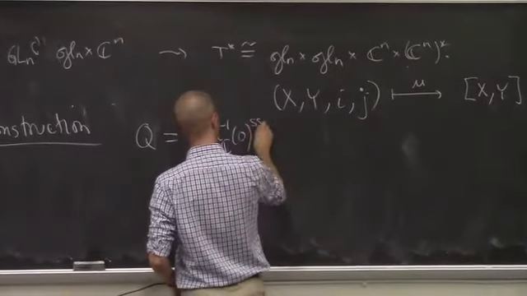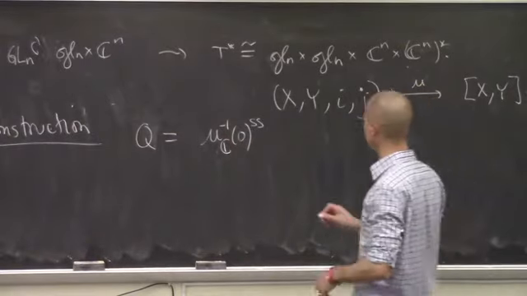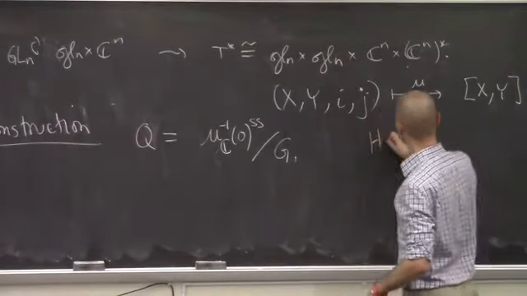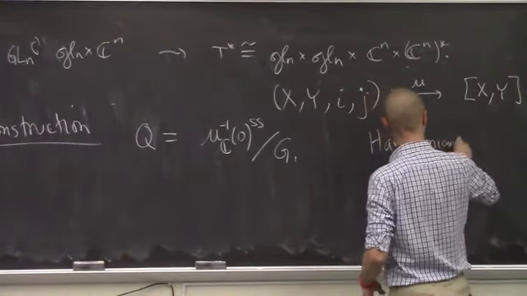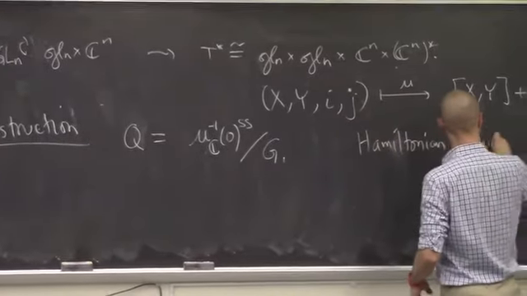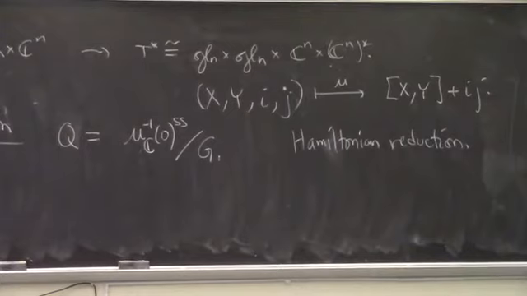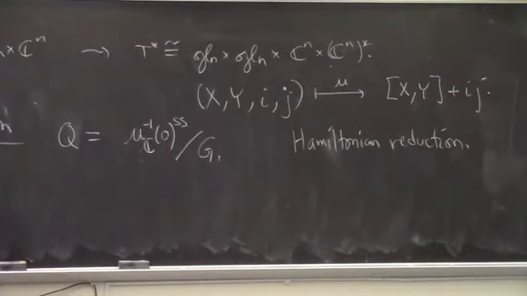I'm going to take the open set, the semi-stable locus, of which I can take a nice quotient, and take the quotient of that thing. That's a sort of complex algebraic Hamiltonian reduction. So it's a richer source of algebraic varieties.